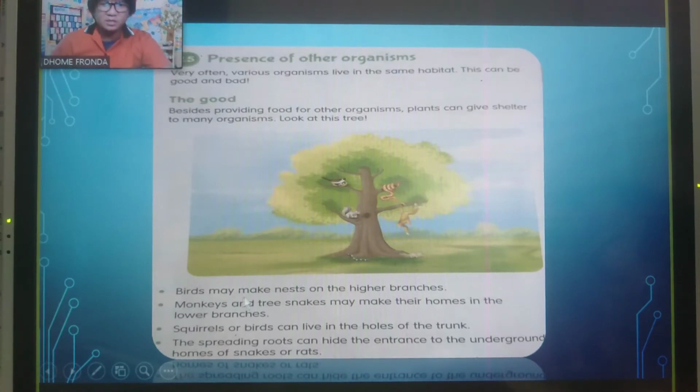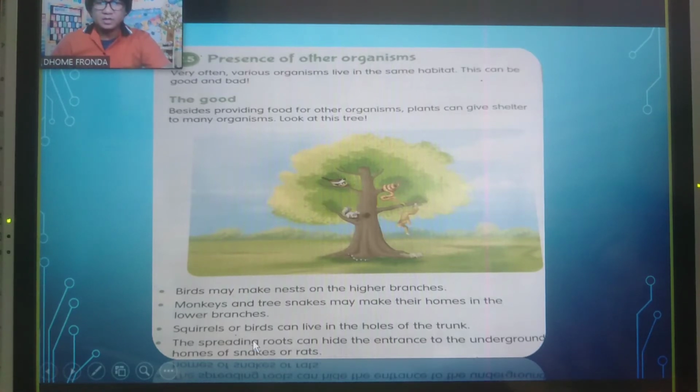Birds may make nests on the higher branches. This bird makes a nest over here. The monkeys and the tree snakes may make their homes in the lower branches. They stay here at the lower part.